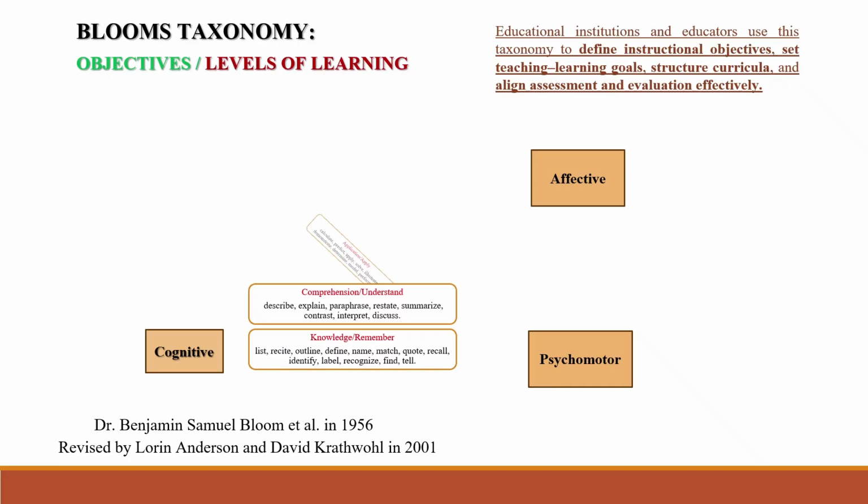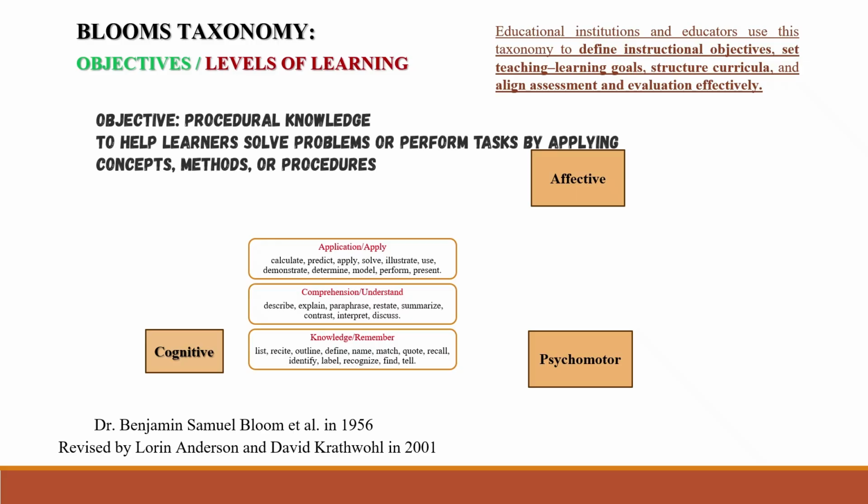Now, the third level of the cognitive domain. It is named as application in the original version and apply in the revised version. At this level, the focus is on procedural knowledge. Here, educators should provide practical context and real-life scenarios so that learners are able to utilize learned information in new situations. At the end of this level, the learner should be able to apply concepts, methods, or procedures to solve problems or perform tasks.